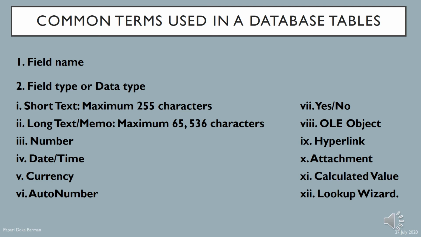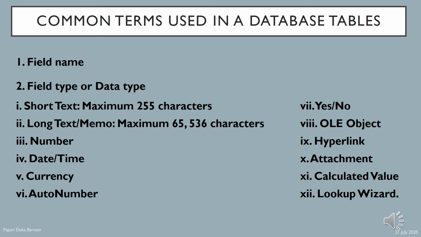So you can create it in another application and link it to database tables, and it can store up to 2 GB of data. Number 9 is hyperlink. Hyperlink stores up to 1 GB of data. You can store links to web pages, websites, or any other files by using this hyperlink data type.